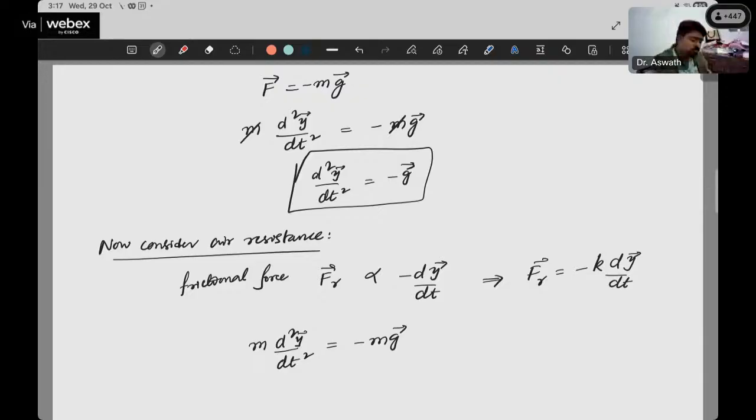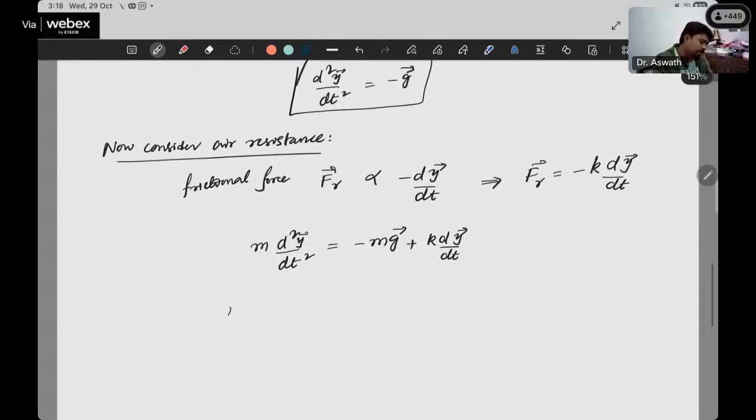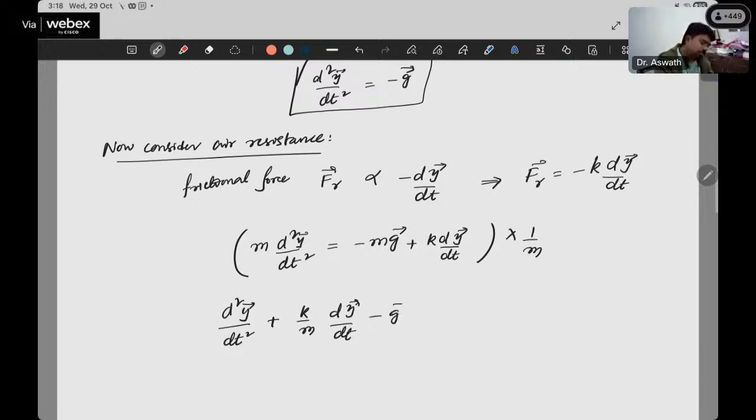It is going to oppose, so I'll have a plus sign, opposite the gravitational force, which is k dy/dt. Now rearrange the entire equation to one side. Plus k/m. If you divide the entire equation by m and then rearrange, d²y/dt² + (k/m) dy/dt - g = 0.